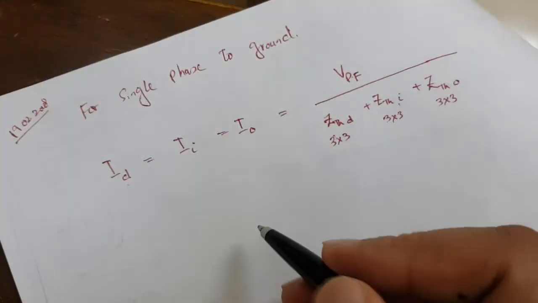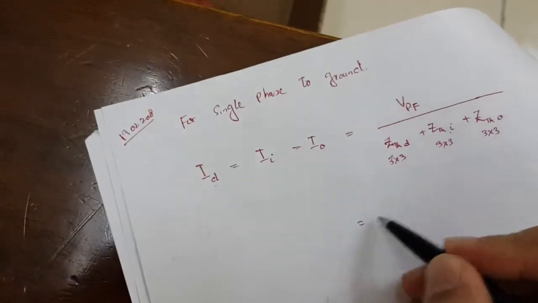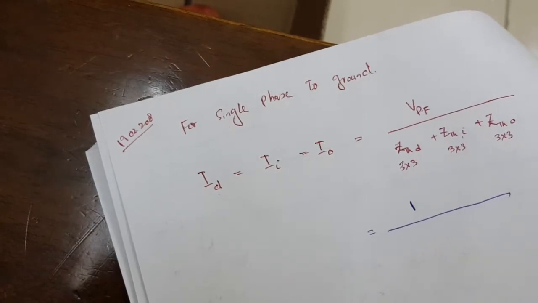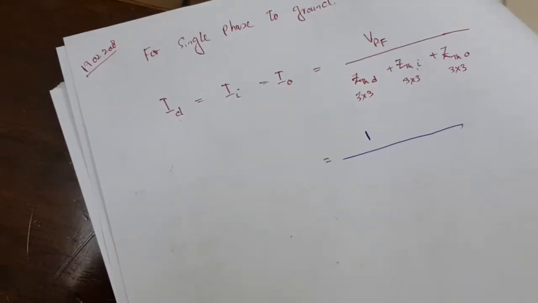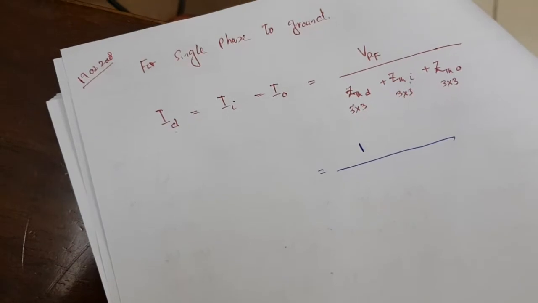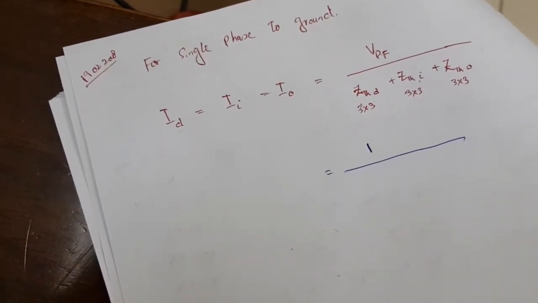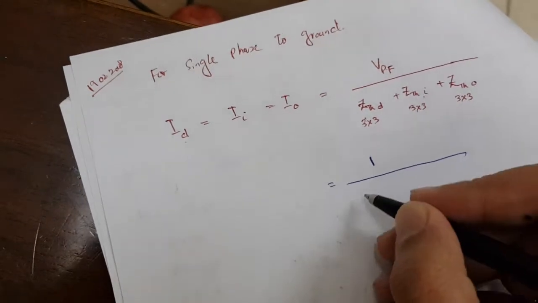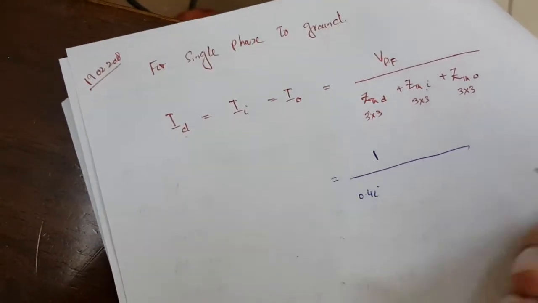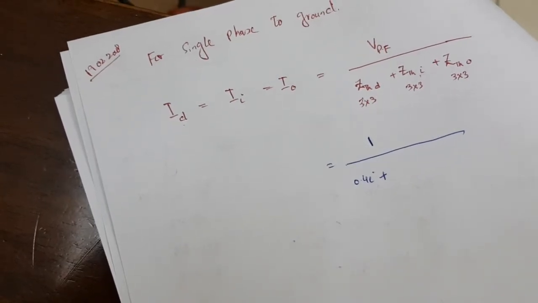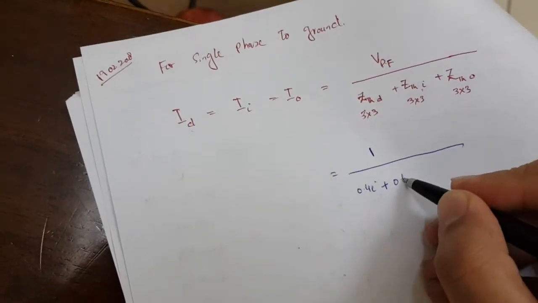So putting the values, the pre-fault voltage is already given as 1 at all the 4 buses. Now Z bus for positive, I mean D, is 3 cross 3. So in this case it's 0.4 iota plus again 0.4 iota because it's the same.